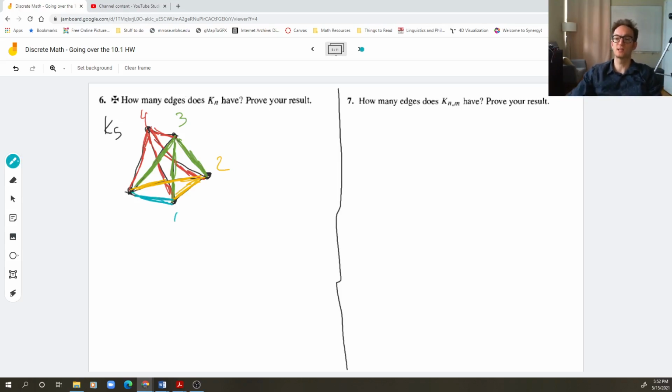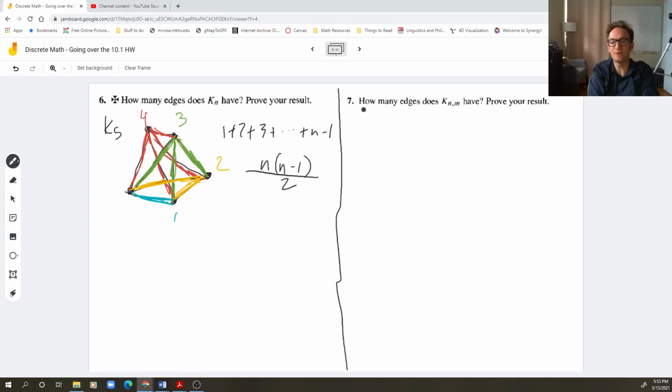So this is a nice casual proof that the total number of edges in Kn is going to be 1 plus 2 plus 3 plus all the way up to n minus 1. And this we know because we know the formula for the sum of these numbers is going to be n times n minus 1 over 2.